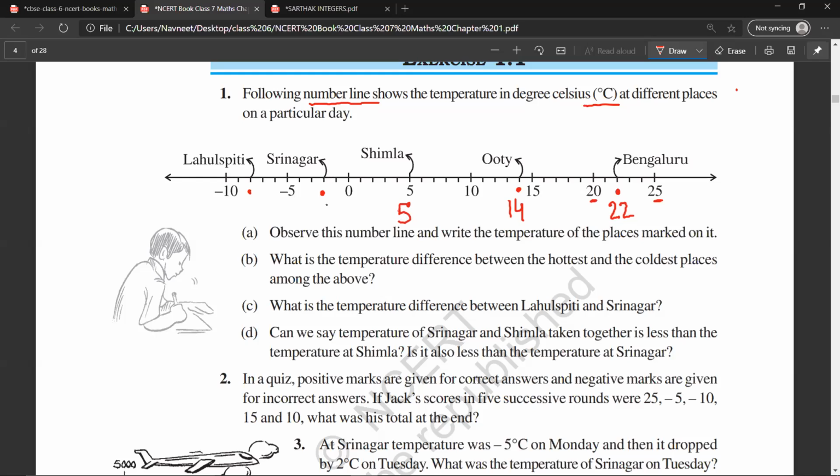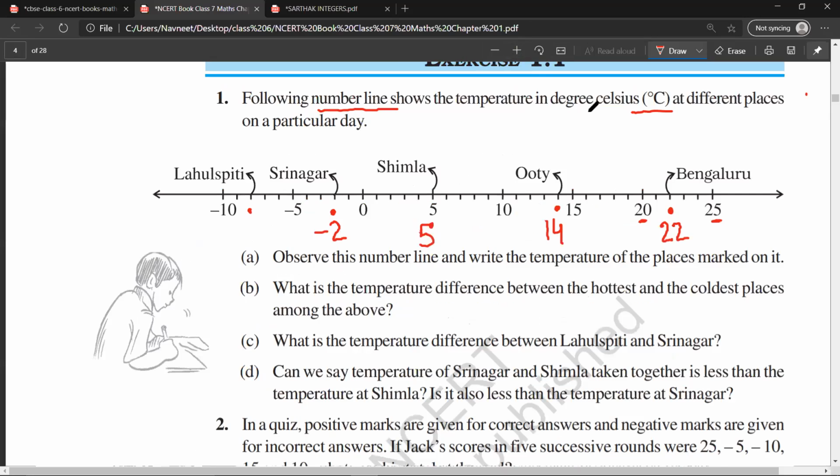Srinagar would be -2. And Lahaul Spiti would be -8. Yes, sir.